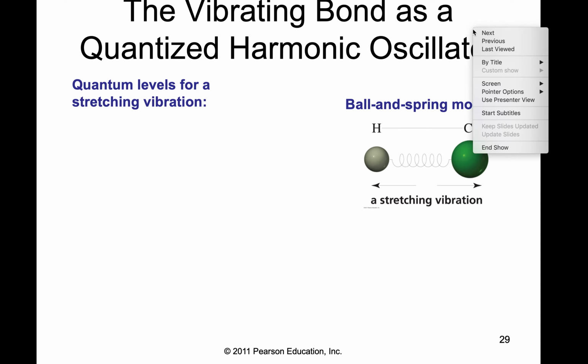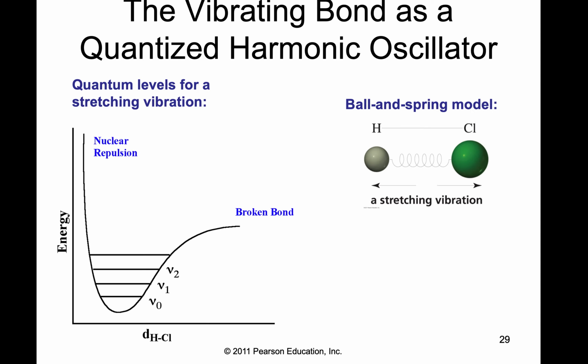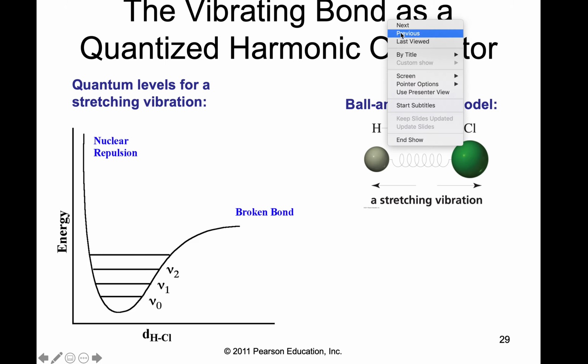Quantum levels for a stretching vibe can be shown in this diagram. A plot of energy versus the directional plane of the HCl. And you can see that you have the different vibrating modes. They're quantized, small packets, but nonetheless quantized.